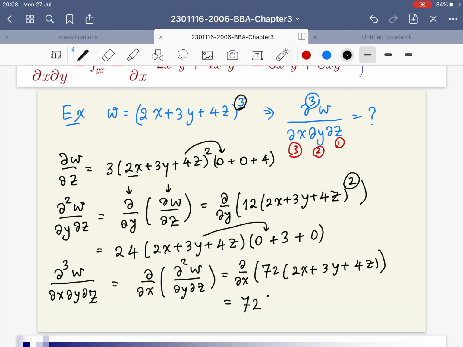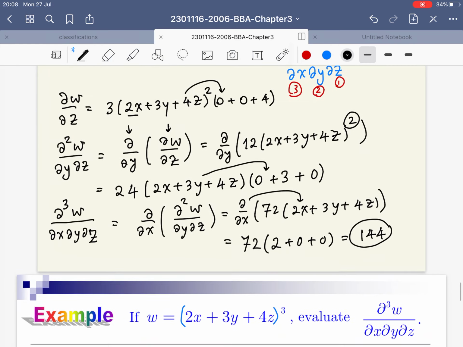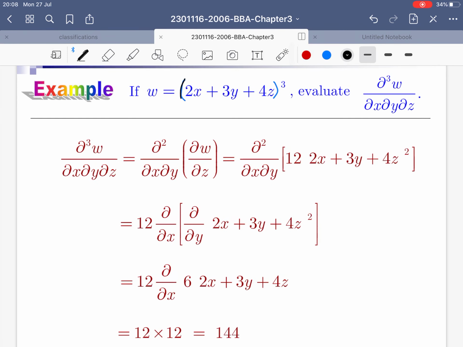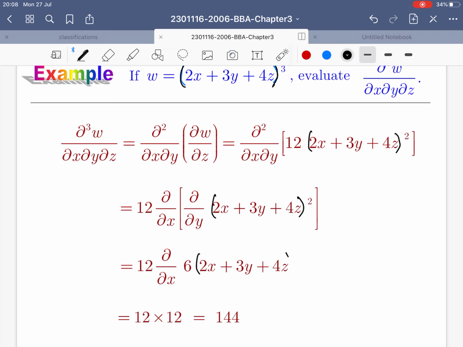Here is 72, and the derivative goes directly to your x, so you get 2 and the rest are 0, so you end up with 144 as a result. So here is the typing version of that problem, but just don't forget that you need a parenthesis as well. The parenthesis is missing from most of the calculation, right?